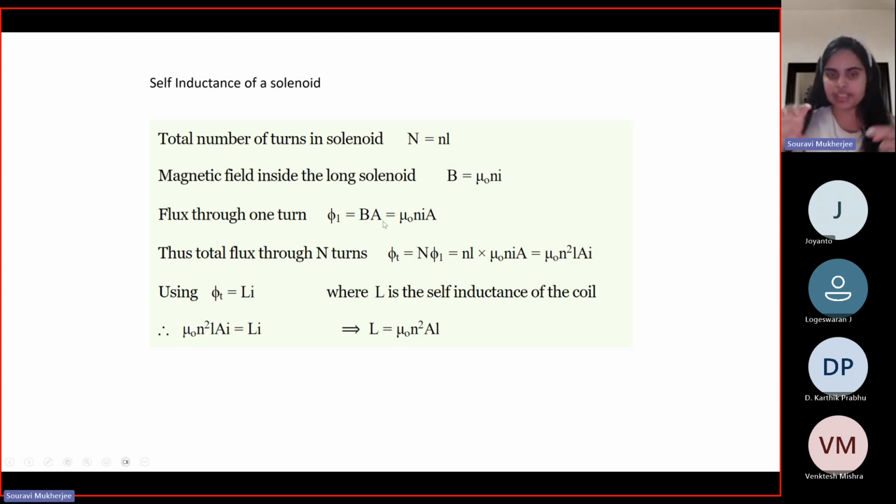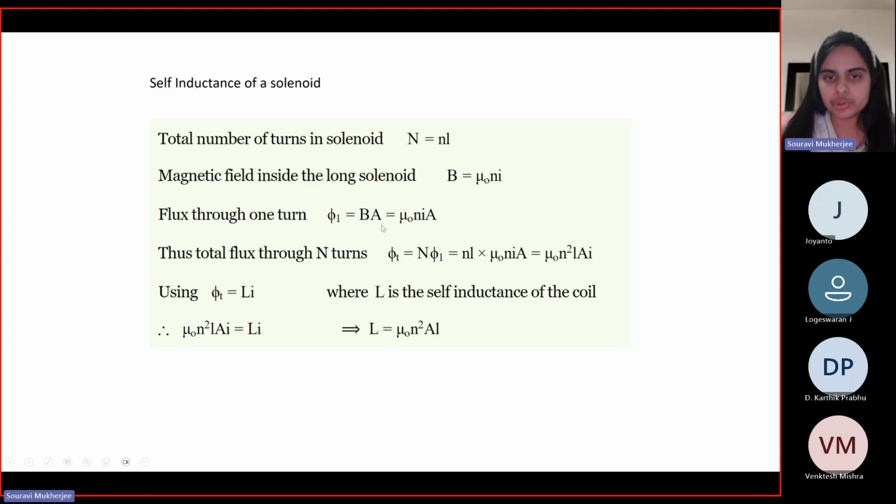So you have your field lines. If this is the cross section of your solenoid, there will be field lines going in and then coming out of the other side, right? So you have to do B into the area, which will be the circular cross section of your solenoid.